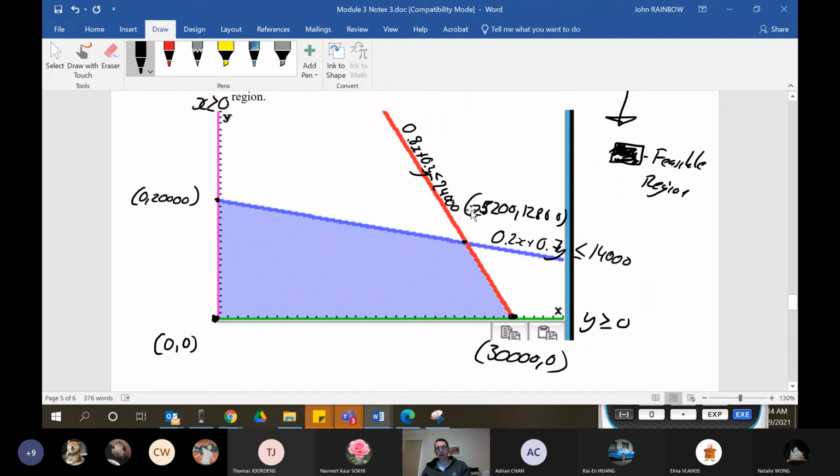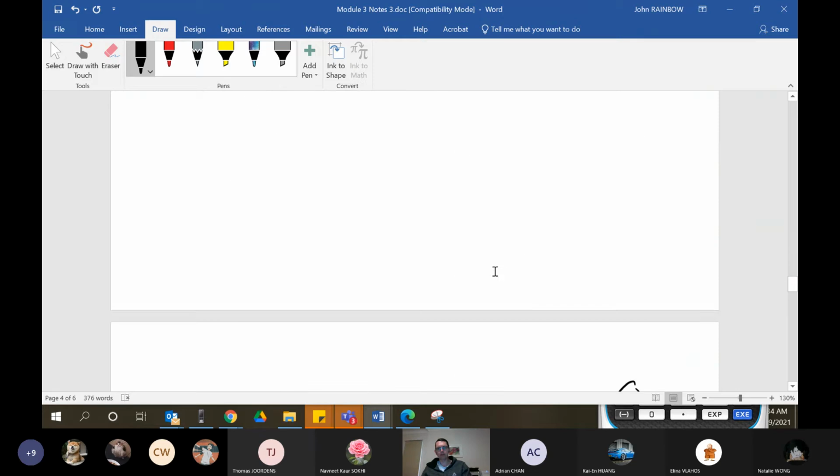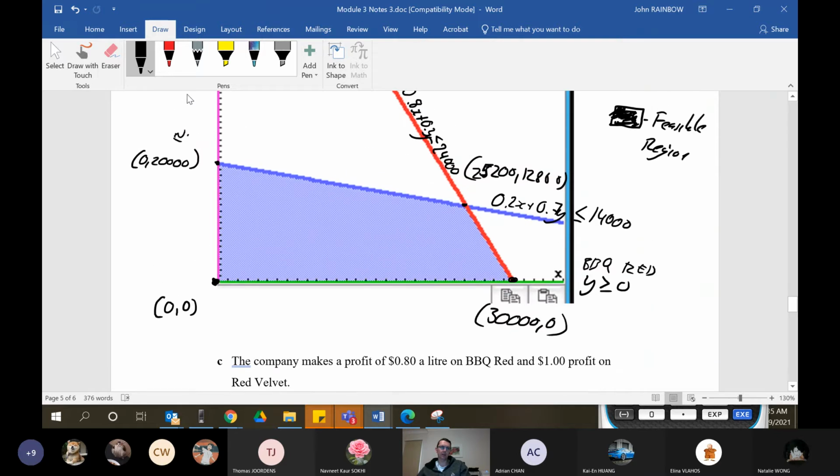This point means that you can produce 25,200 litres of X, which is our barbecue red, because this is our barbecue red axis. And this is my red velvet axis on this one. That's how many you can produce.